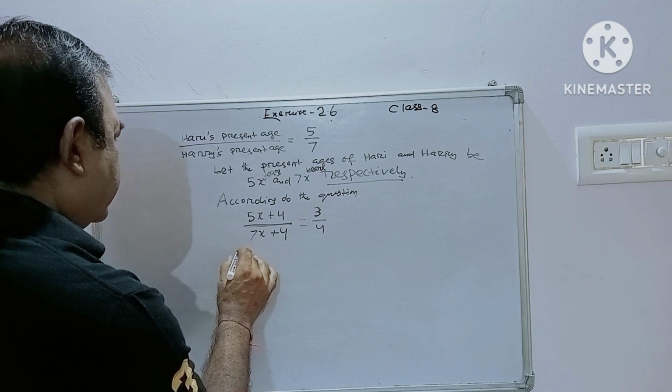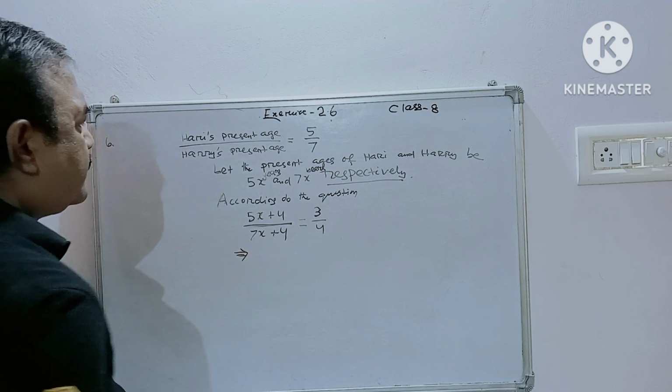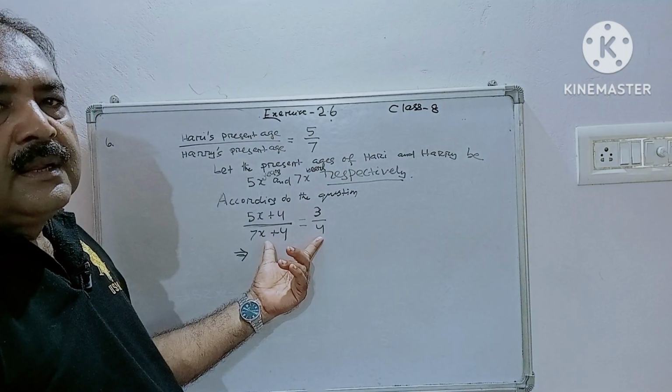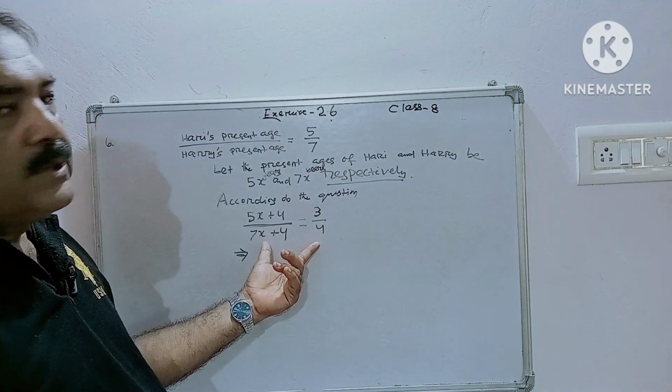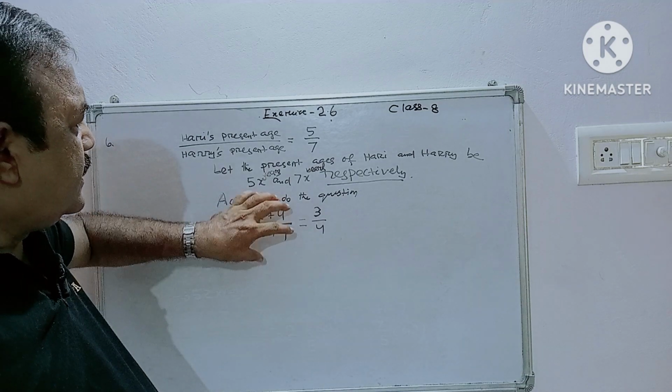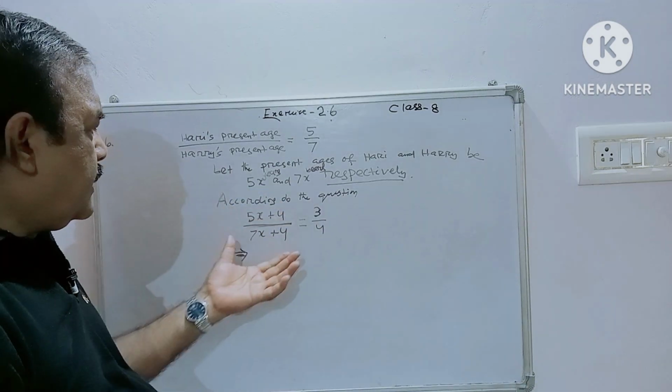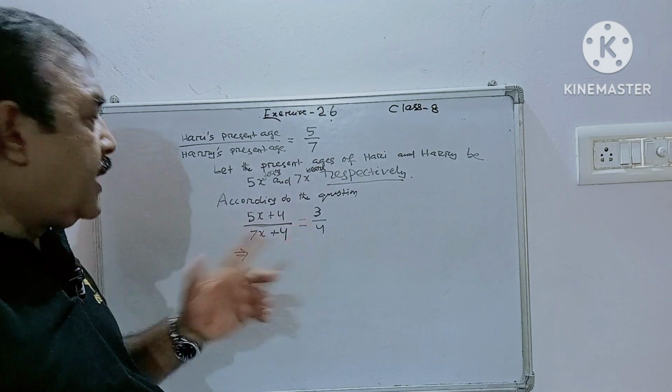So what will you do here? You see the same case arises. This equation is not a linear equation, because the expression on the left hand side is not linear. So we have to put it into linear form. How?